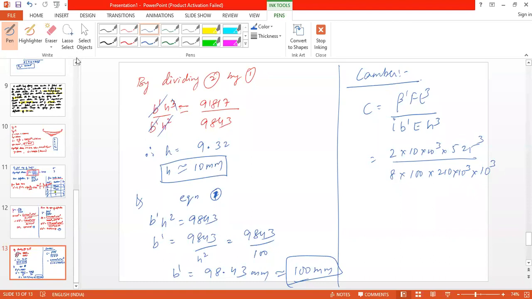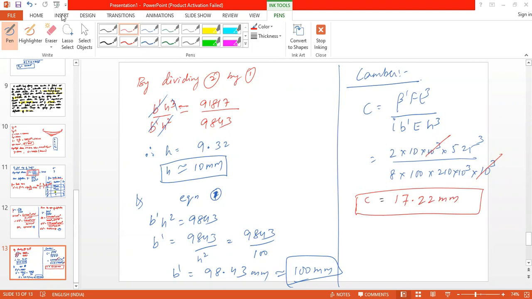No, we have chosen it as 10 now. h is 10 mm and b dash is 100 mm. That is 17.22 mm.